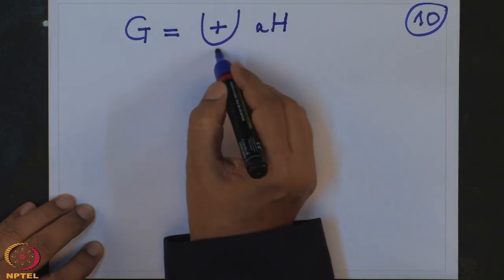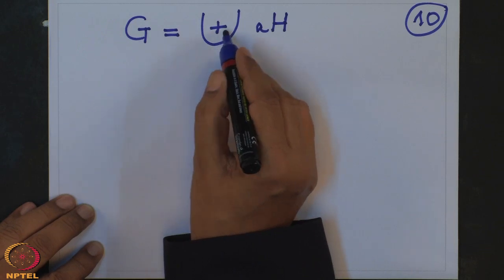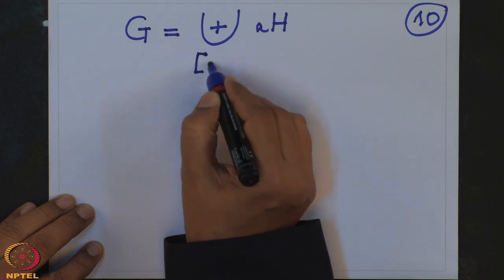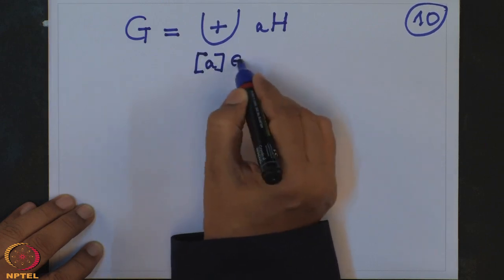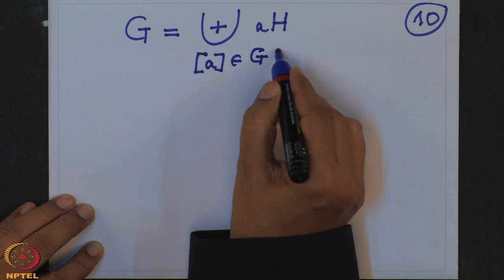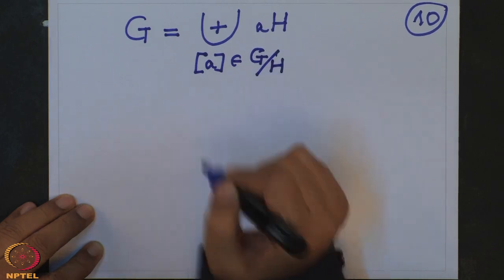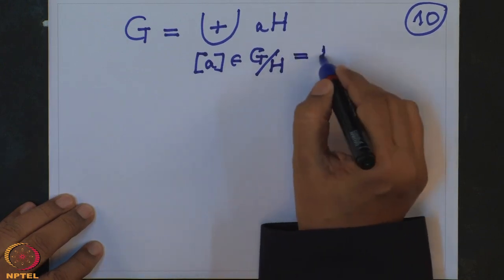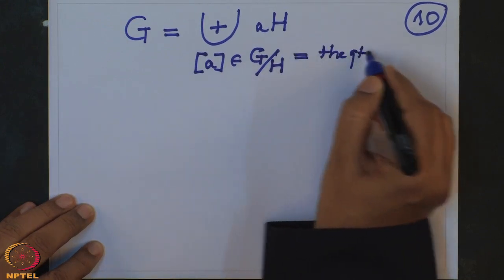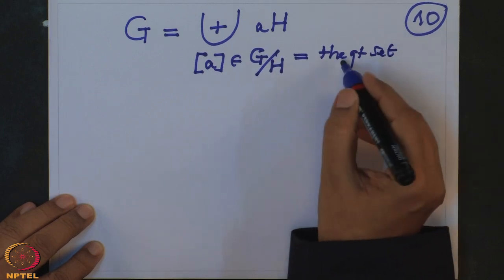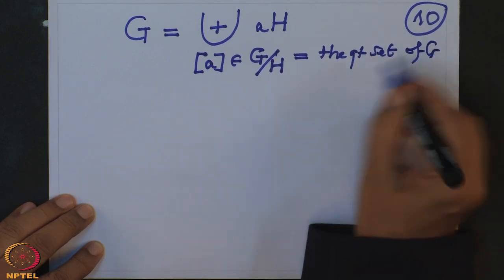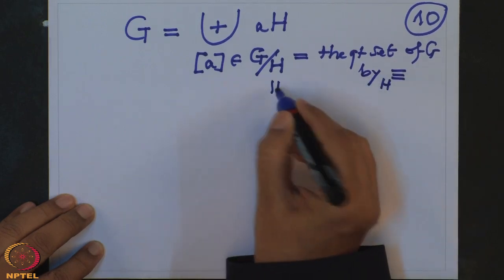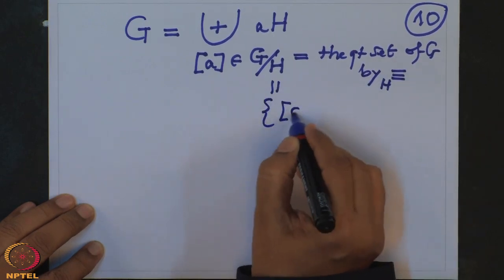So, this disjoint union is varying over all the elements A, and the number of terms is the number of cosets of H in G. This is precisely the quotient set of G by the relation. So, G by H is precisely the set of equivalence classes.